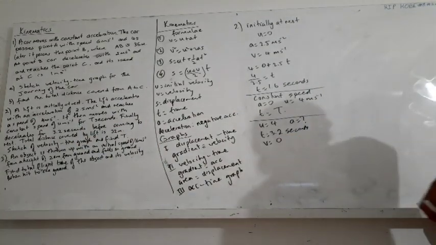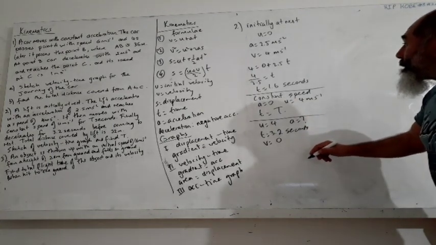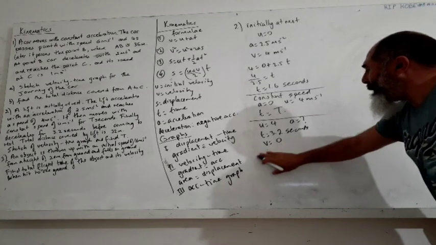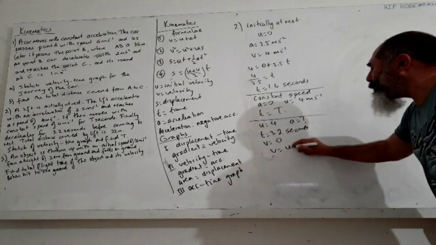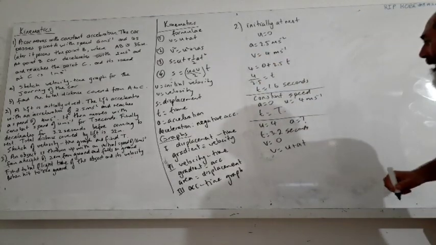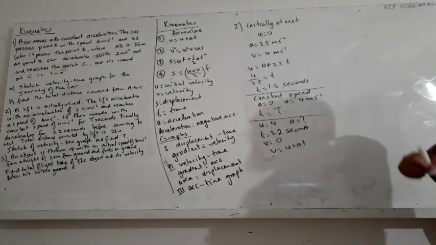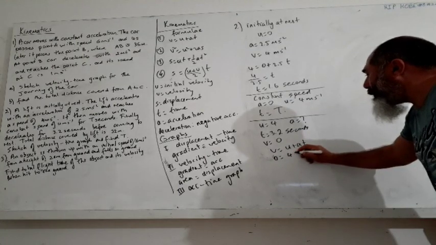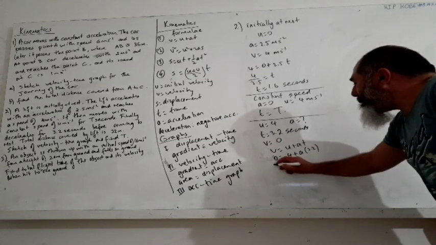So u is 4, v is 0, v is equal to u plus at. This is the first formula, the most suitable one to find the acceleration, actually the negative acceleration. 0 is equal to 4 plus a times 3.2, minus 4 is equal to 3.2a.